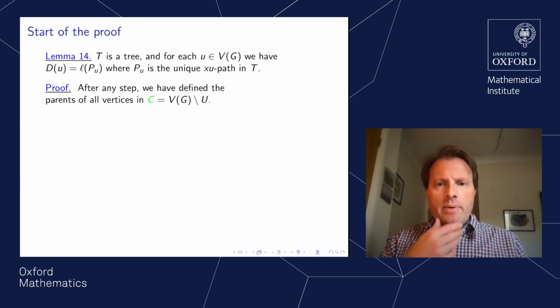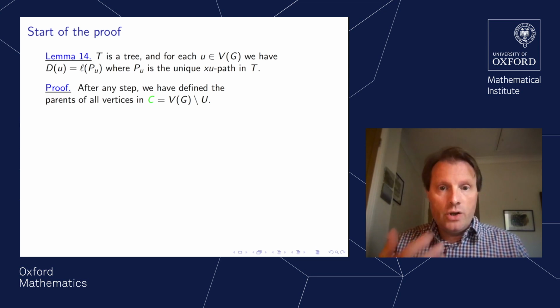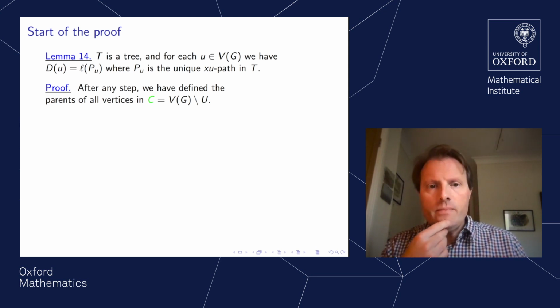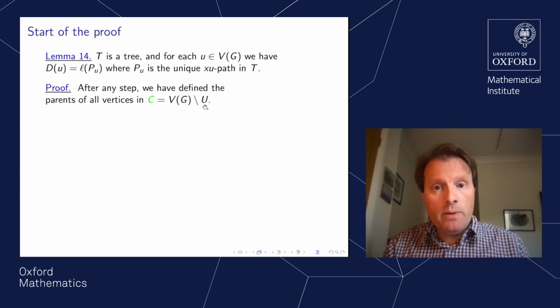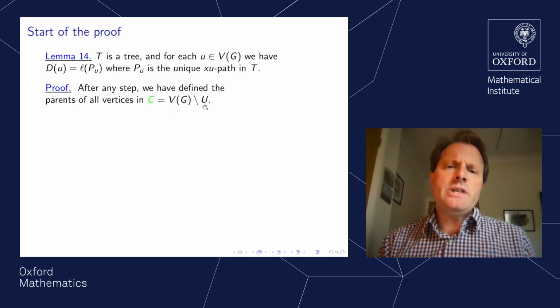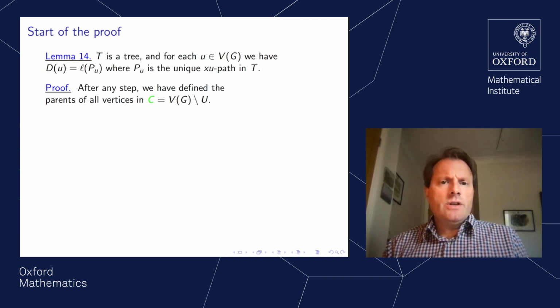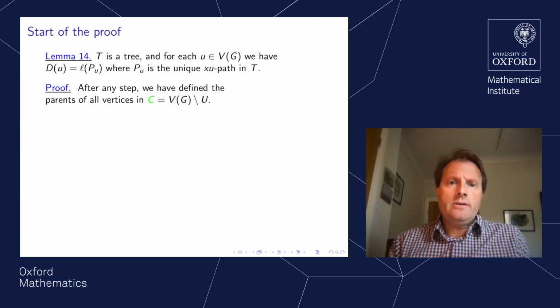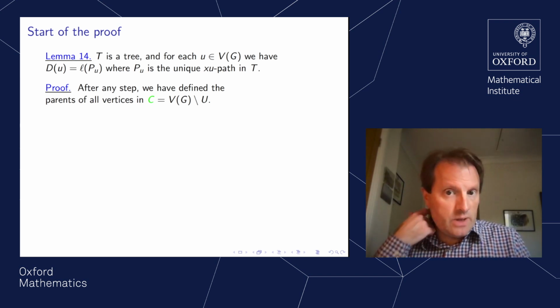So at each step, we have our subset U, and we're going to let C be the complement of U. So C is the set of vertices for which the D value is certain. That's why it's called C. It's been finalized.